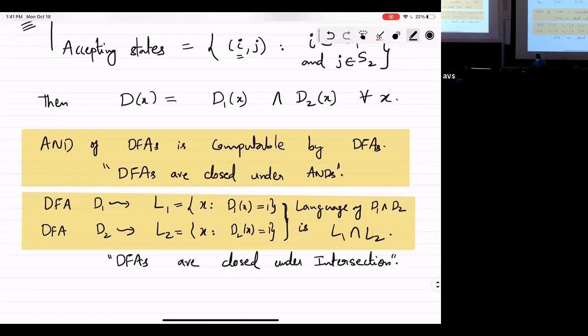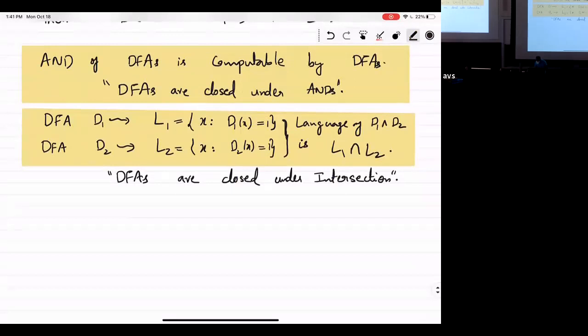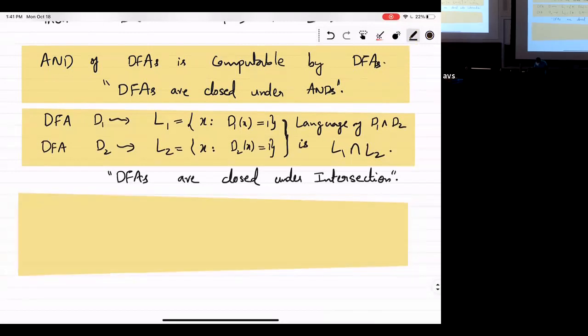Okay, so before going on, I want to ask a question. What about OR, meaning D1 or D2?